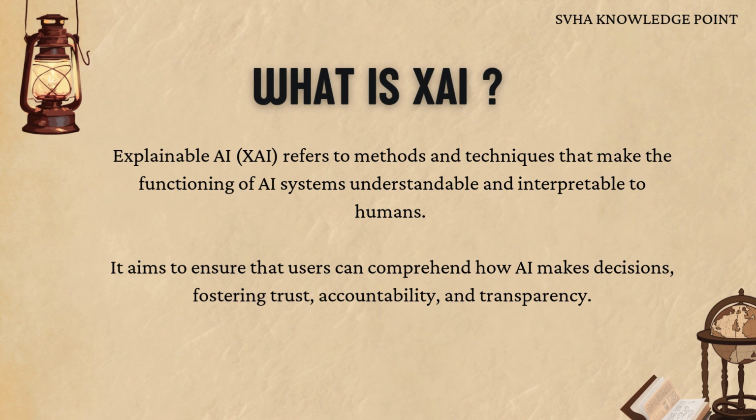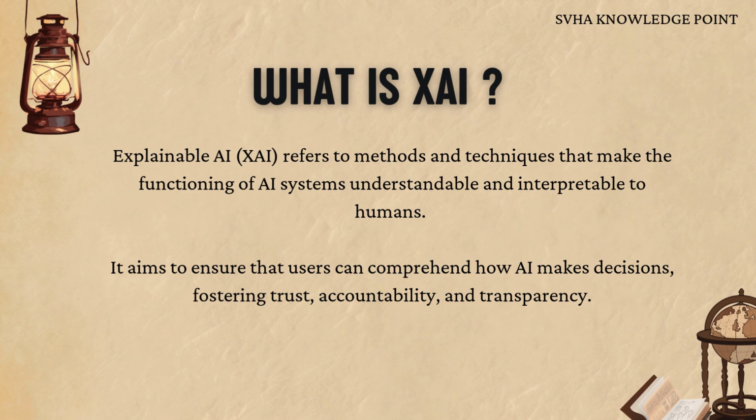Technically, explainable AI refers to methods and techniques that make the functioning of AI systems understandable and interpretable to humans. So, the purpose of XAI is to explain the decision making process of the AI system, how an AI system makes a particular prediction.